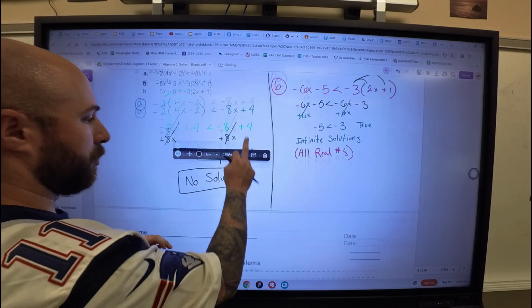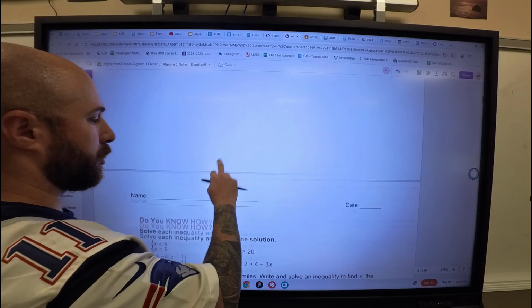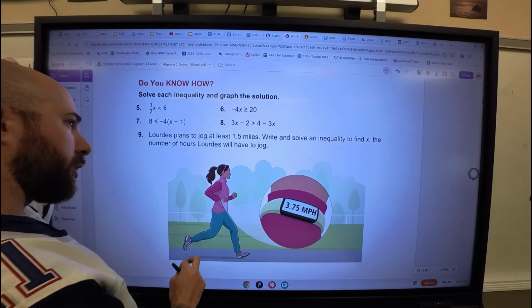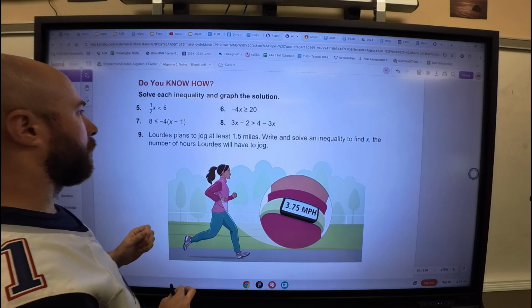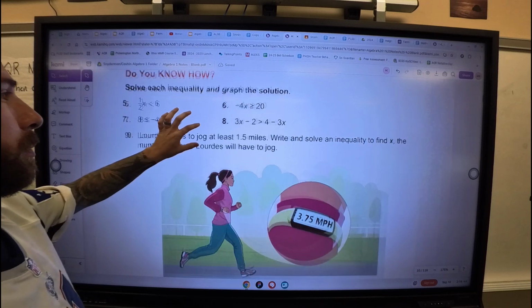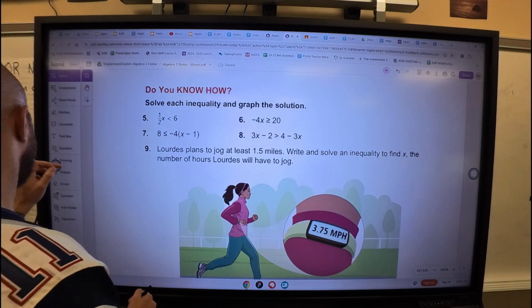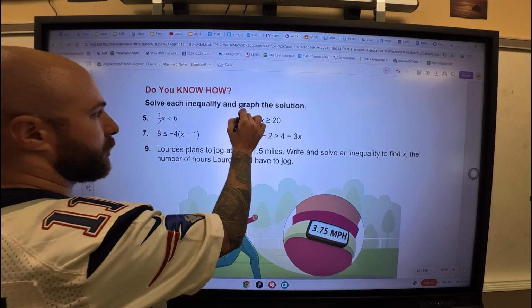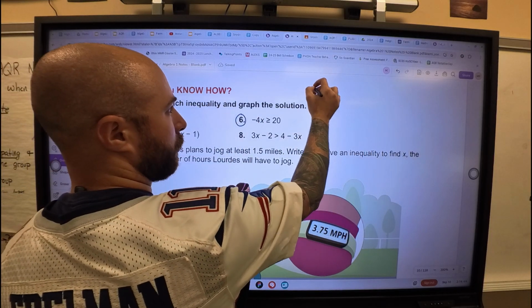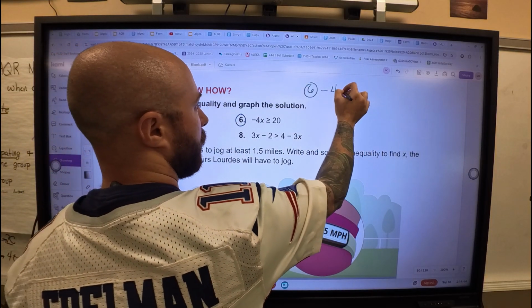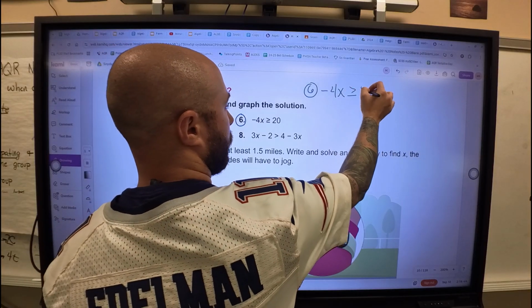Let's do a couple more here. We're going to go over to page 20. Let's just look at, say, number 6 and number 8. Let's look at both of those. So number 6, I'll write it up here. Negative 4x is greater than or equal to 20.